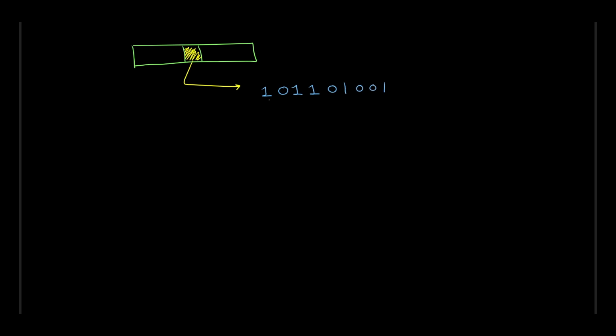How many bits are there? 6 7 8 9. Okay, let's keep it as 9 bits. I'm keeping it as 9 bits for simplicity, and then we'll simply expand this solution to 30 bits to accommodate the original constraints of the problem.